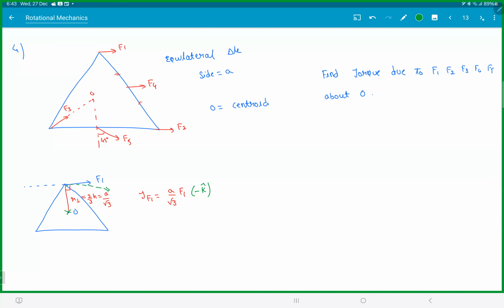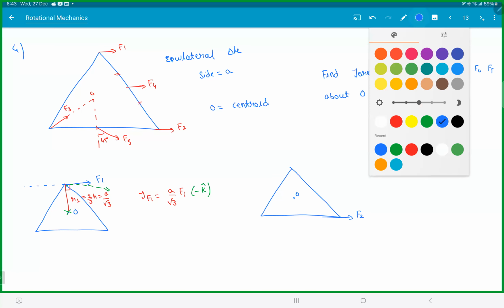What is F2? Root 3 by 2, I guess, no? This is F2, this is centroid.